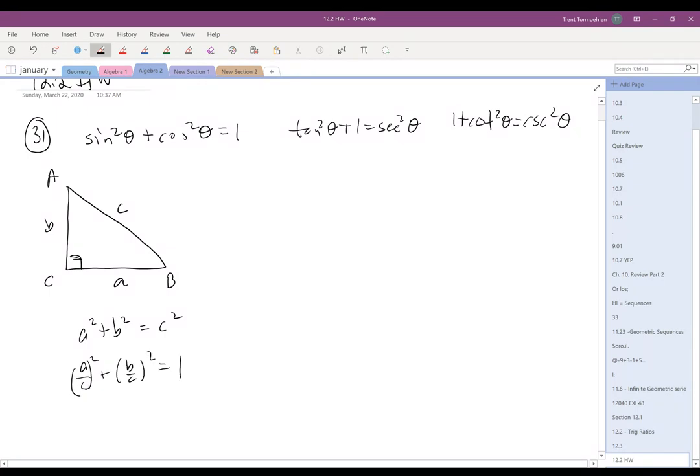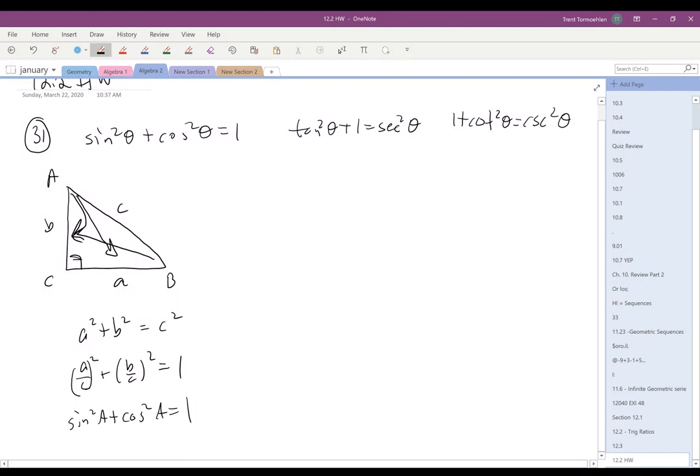Well, A over C is the same as sine of A. And B over C is the same as the adjacent over hypotenuse, which is cosine of A. So that leads us to this idea that sine squared of A plus cosine squared of A equals 1.